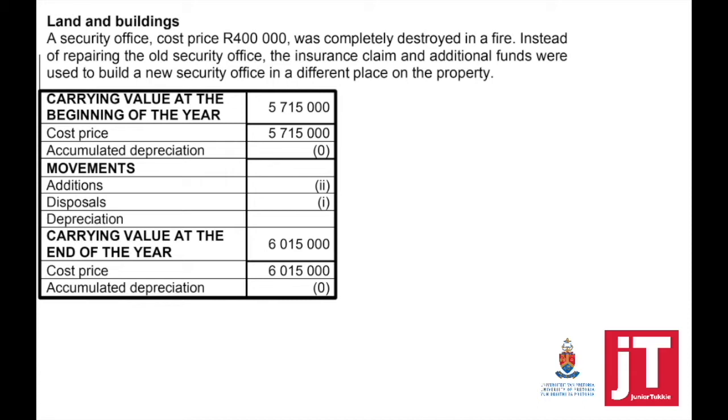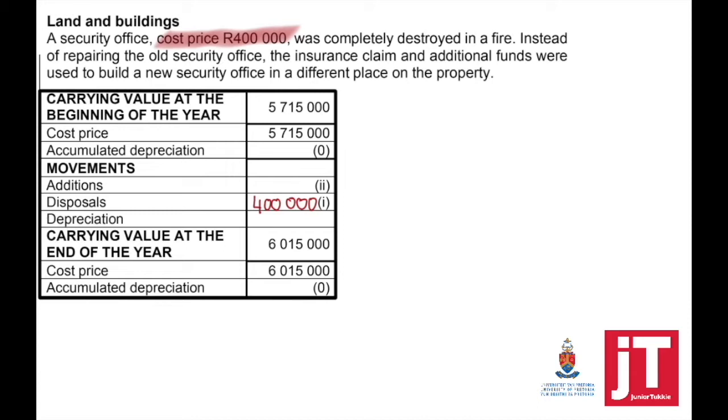So looking at the tangible asset note, we now have additions and we have disposals. So we first need to solve the disposal. So this is an easy mark to get. Why? They told me that the cost was 400,000 of the building that was completely destroyed in the fire. So our disposal is going to be 400,000.